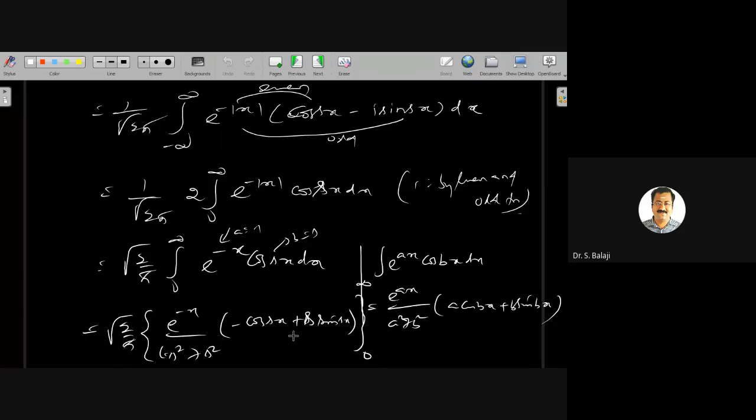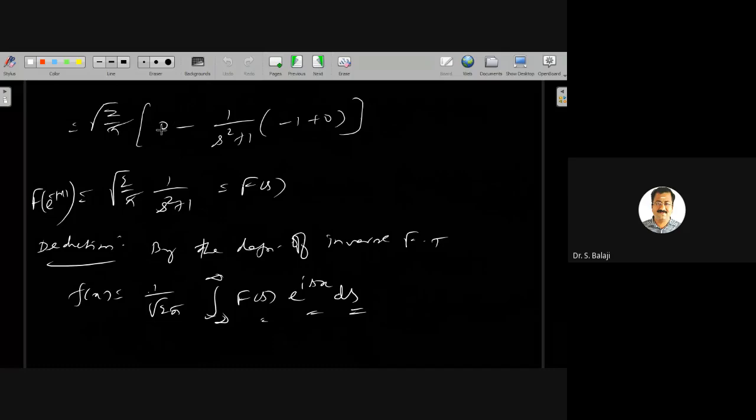Then apply the second limit, minus: e power 0 is 1, 1 by s square plus 1, cos 0 is 1, sin 0 is 0, so 1 by s square plus 1 into minus 1. Minus minus becomes plus, so you get root of 2 by pi, 1 by s square plus 1. This will be the Fourier transform, so take it as f of s, a function of s.